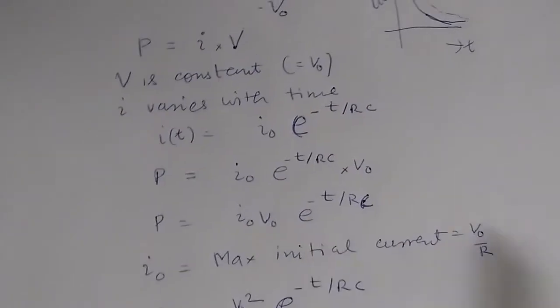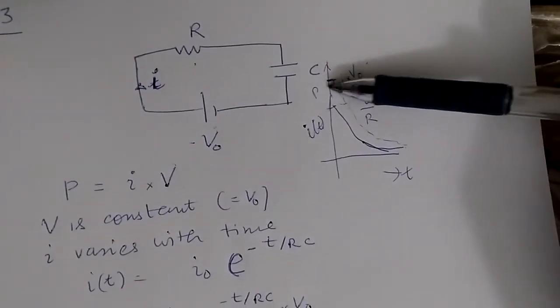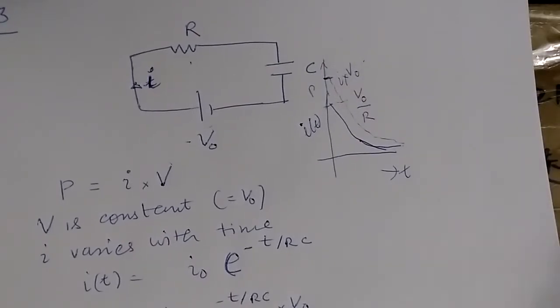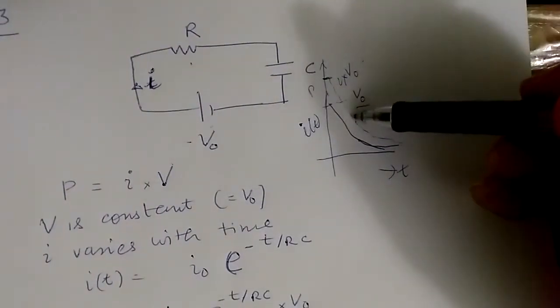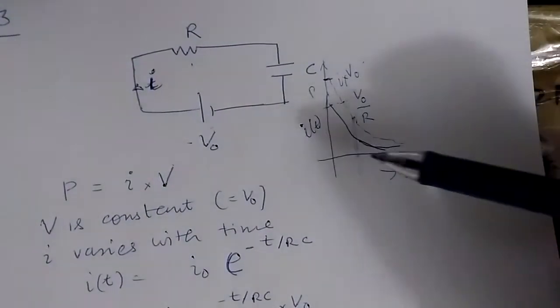Notice that initially the power delivery is maximum. At some point of time, this power delivery becomes half of this initial value, and we need to find this time t.